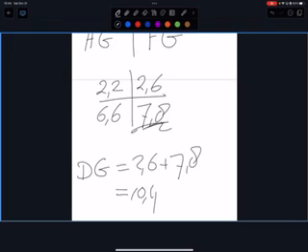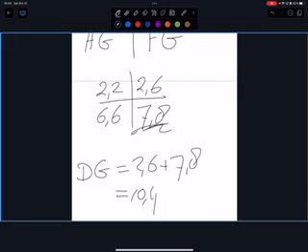Where did you get 7.8? Oh, DF. No, but DF is 2.6. Didn't you say you had to add DF and FG? FH? No, FG. But we don't have FG. Yes, we just calculated 7.8. Because I thought you said FH.